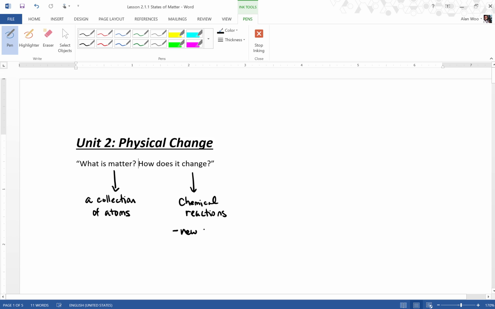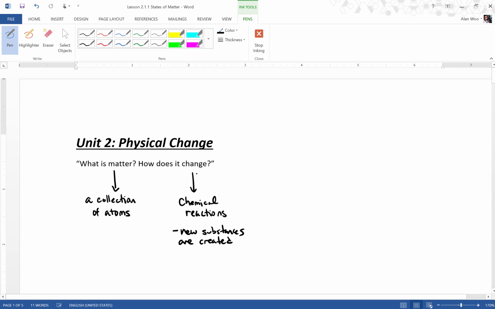So new substances are created using the same atoms that we started off with in the first place. All the atoms that exist on the reactant side will be the same type of atoms that you have on the product side. They've just been chemically rearranged.